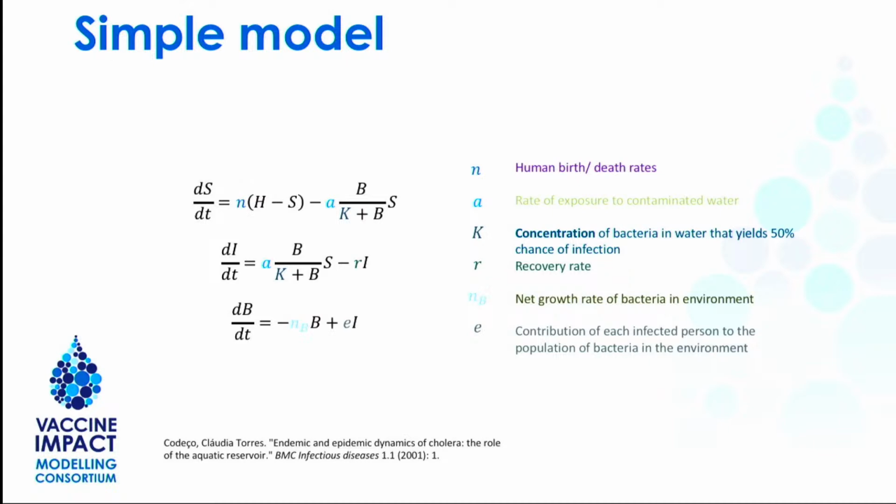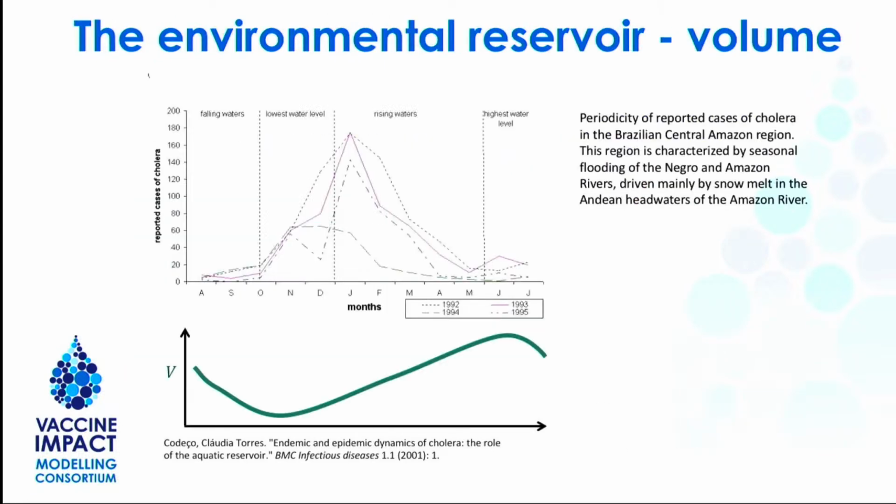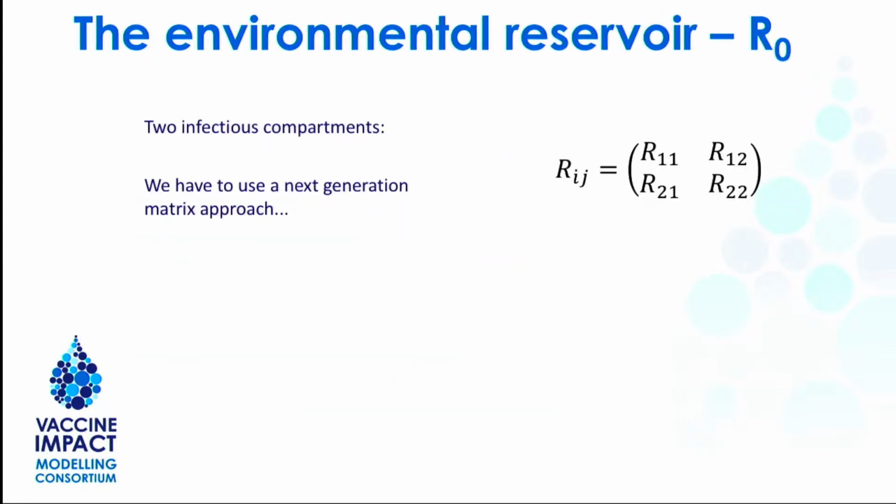So we've got infected humans, and then we've got this concentration of bacteria in the environment. So as soon as we've got more than one infectious state, that's when we start needing to have this next generation matrix. Because it's not necessarily, we've got infected humans producing bacteria in the contaminated environment, and we've got bacteria leading to a risk of infection in humans. So there's kind of two routes there.